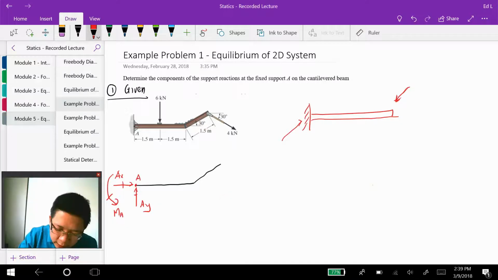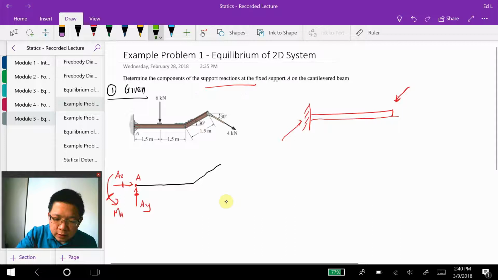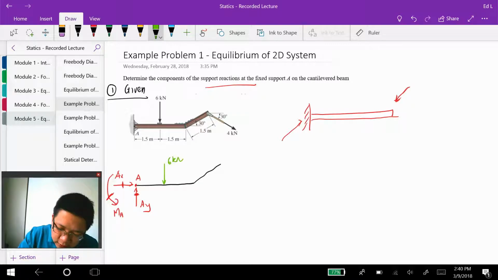Note that for the reaction forces, I put a little dash on the arrow to indicate that those are the unknowns, the forces that we are going to calculate, which in this case are the support reactions at A. Then in here we apply a 6 kilonewton force, and in here we apply a 4 kilonewton force.